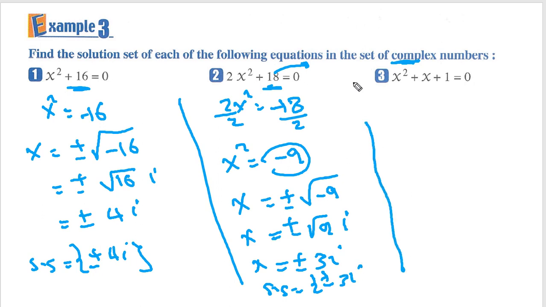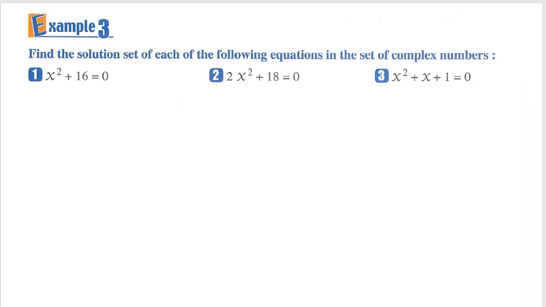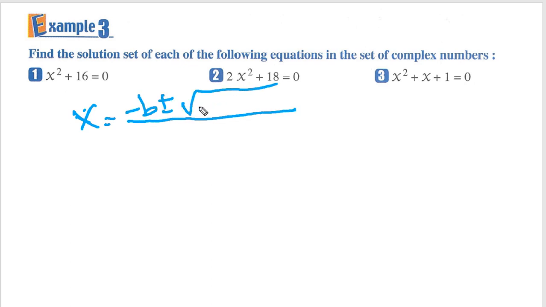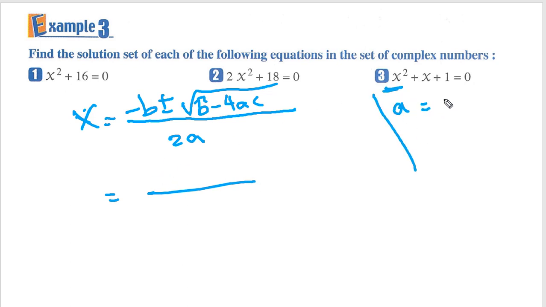Okay, the last one, x squared plus x plus 1. I think you need to use the formula. The formula is x is equal to negative b plus or minus root b squared minus 4ac, divided by 2a. Where are a, b and c? a, the coefficient of x squared, is 1. b, the coefficient of x, is 1. c, the constant term, is 1.